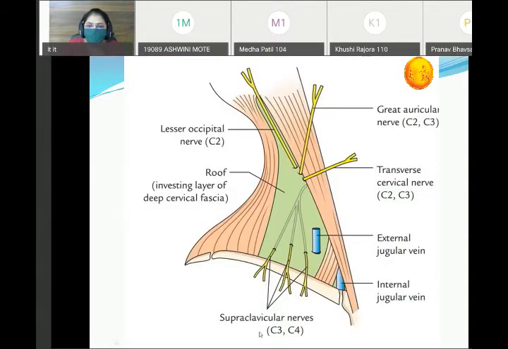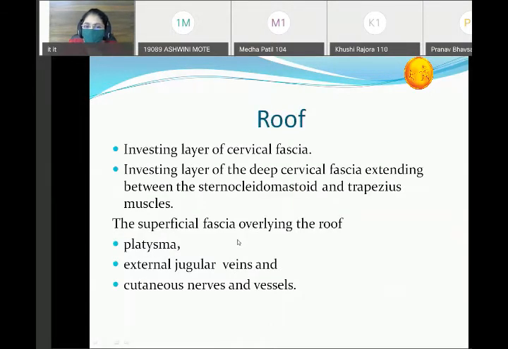Here you can see it contains the platysma, the external jugular vein, and the cutaneous nerves, the four cutaneous nerves. So superficial fascia which contain the platysma, external jugular vein, the cutaneous nerves and vessels.